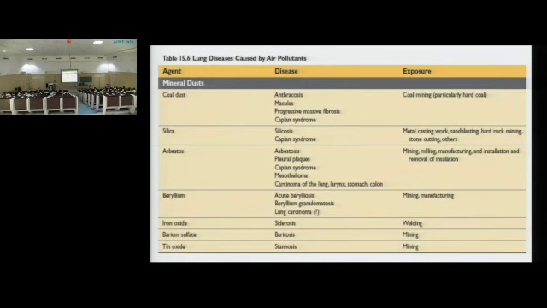So in mineral dust, the most common disease we observe is anthracosis, which is due to the coal dust. There is another spectrum of diseases also which is caused due to the coal dust. They can vary from the anthracosis to formation of macules to progressive massive fibrosis.